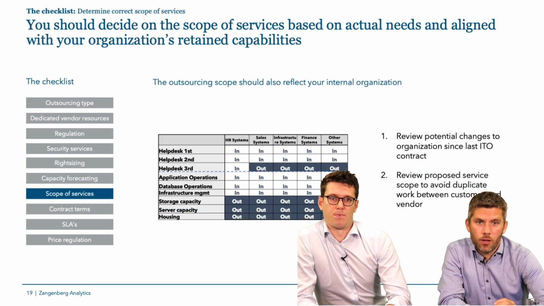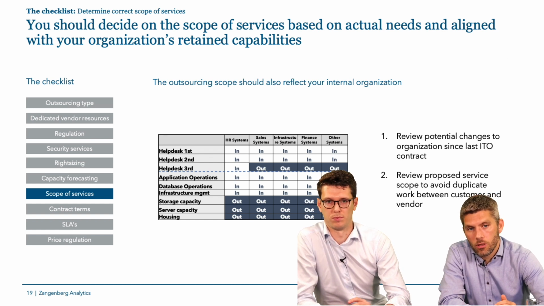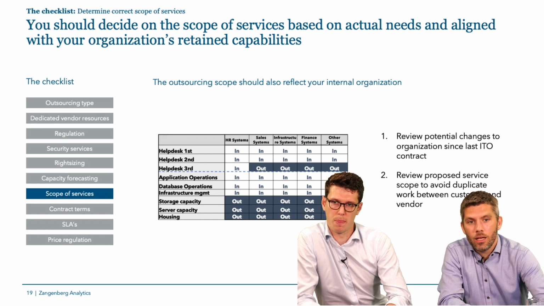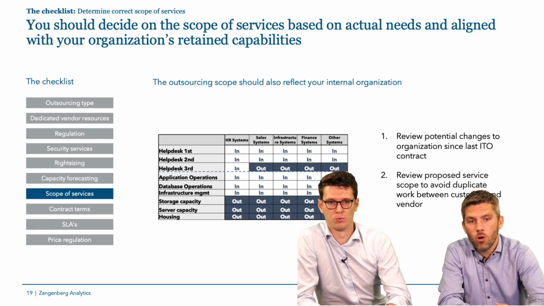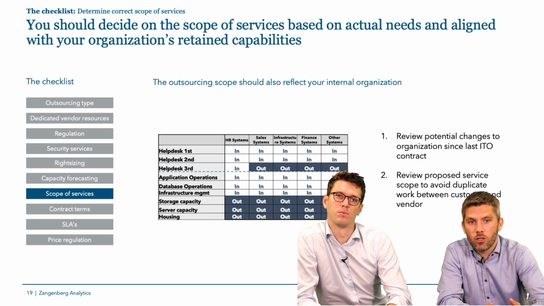And then also around alignment with your organization: when you outsource certain areas of the ITO space, you also have a retained organization, and it is recommendable to have very clear responsibility division lines, so you know what your internal organization is about to deliver and what your vendor is going to deliver.